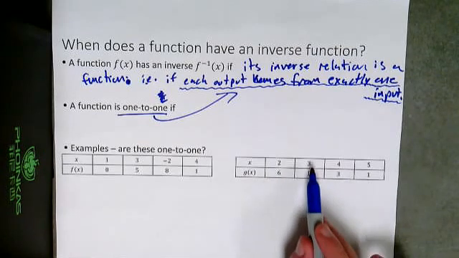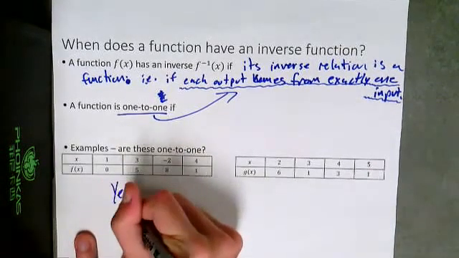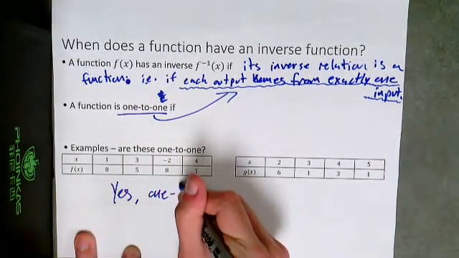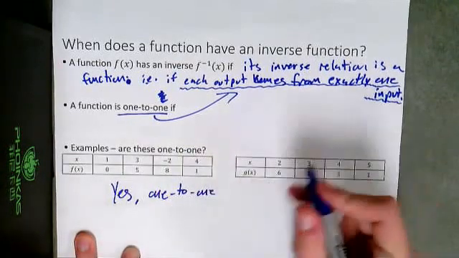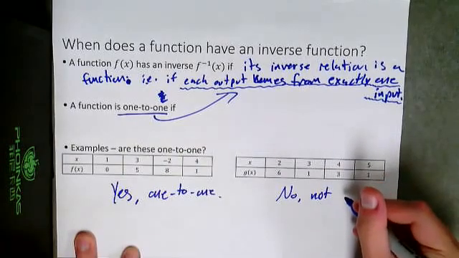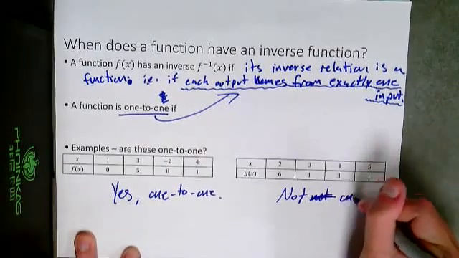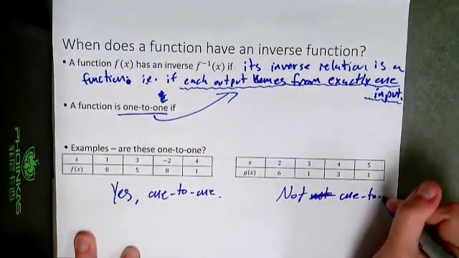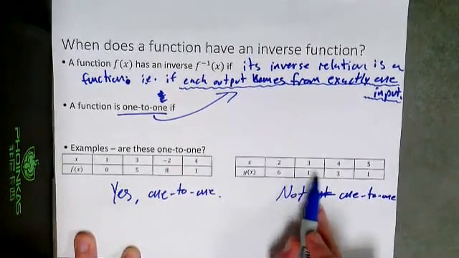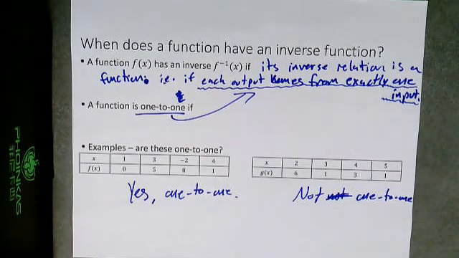Well, 1 appears twice, and it has two different inputs. So this one is yes, one-to-one, and this one is no, not one-to-one, because these two outputs are the same, and they come from different inputs.